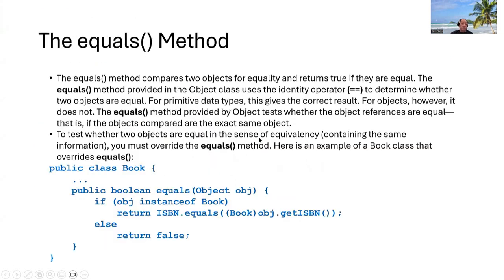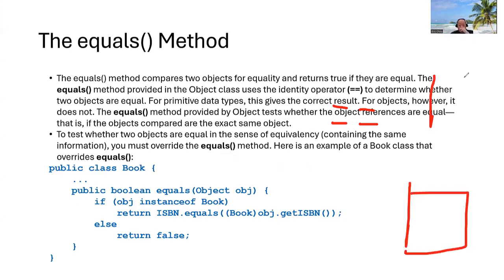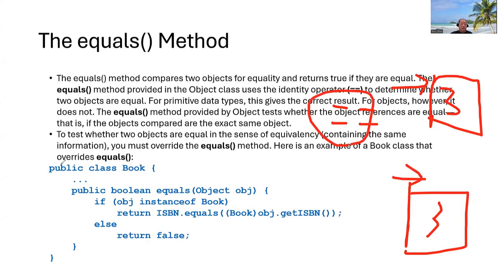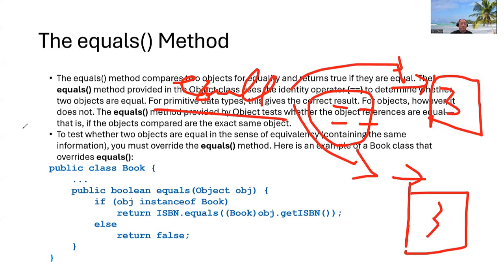For equals, if you use the double equal sign, you check the addresses, whether the two addresses are the same. So you create a new object here and a new object here. Even though the content is the same, if the address is different, the double equal sign will say they are different. But if you use the equals function, then depending on how equals is defined, if it checks the content, these two may have a chance to be the same.